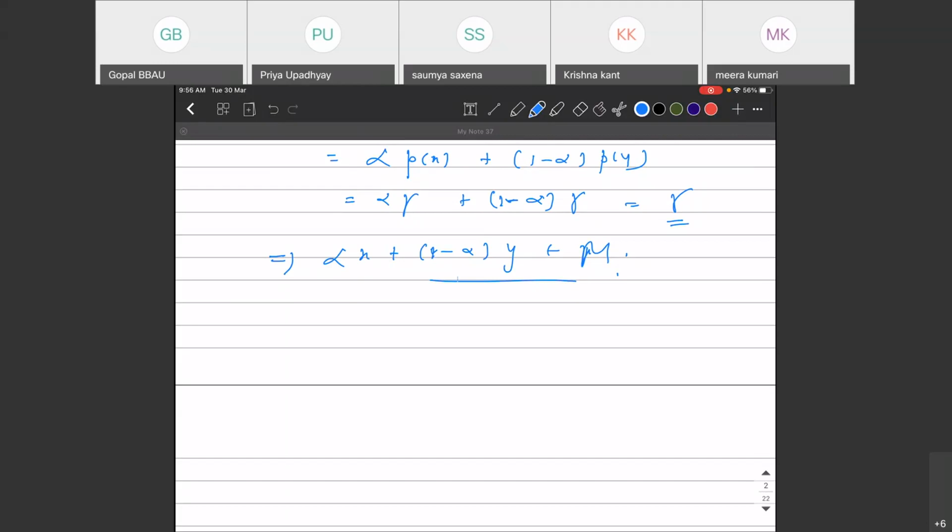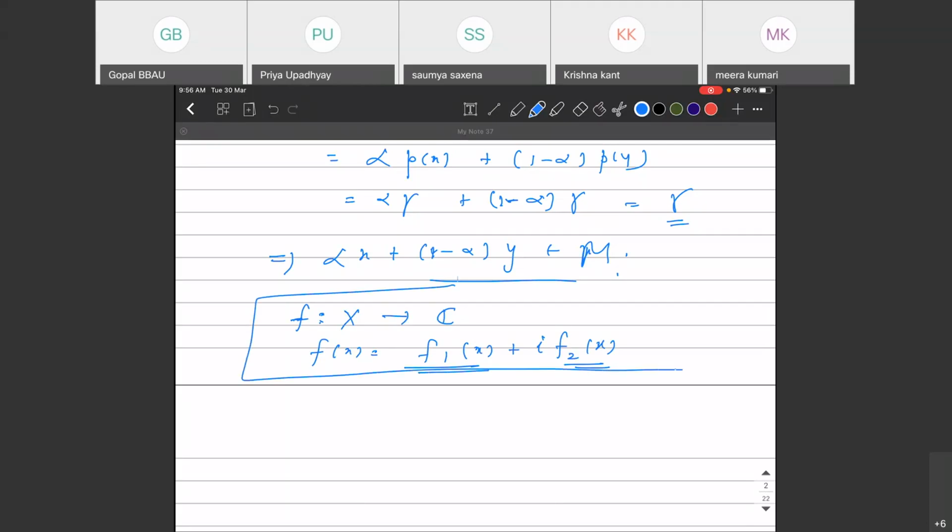The idea is the same, you just replace R by C. If you have a complex valued function, say from X to C, you can write it as f1 x plus i f2 x, where f1 and f2 are real valued functions.